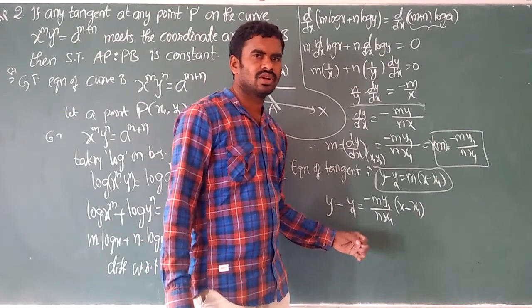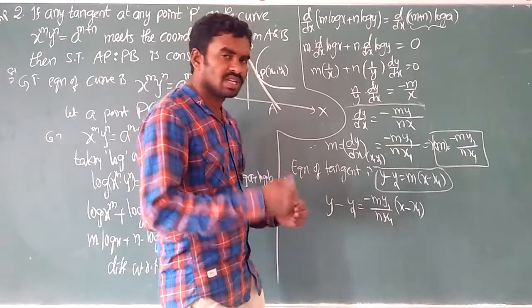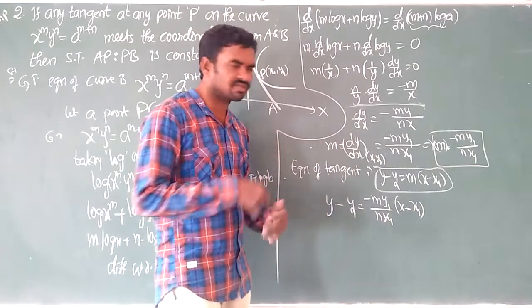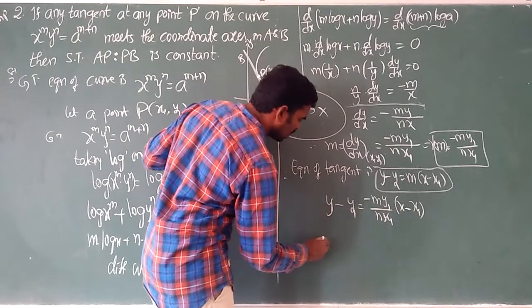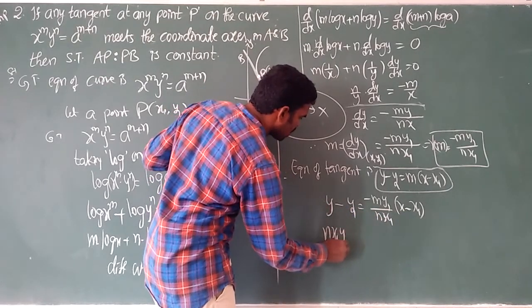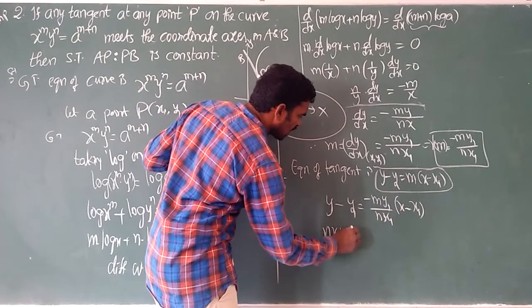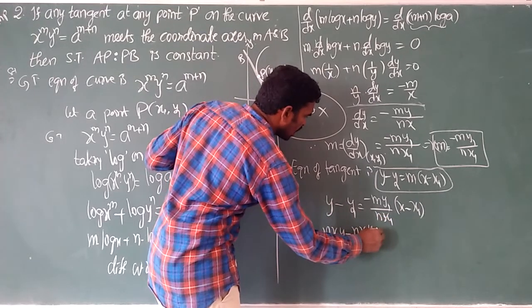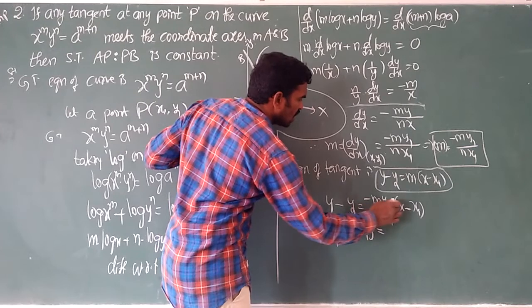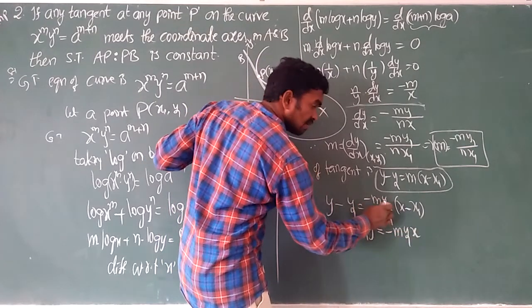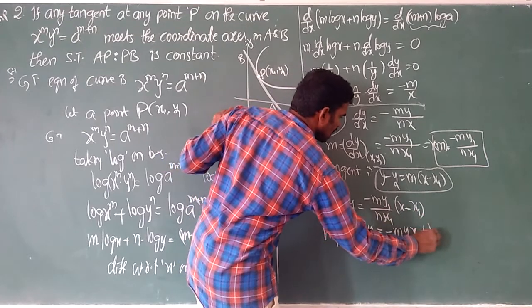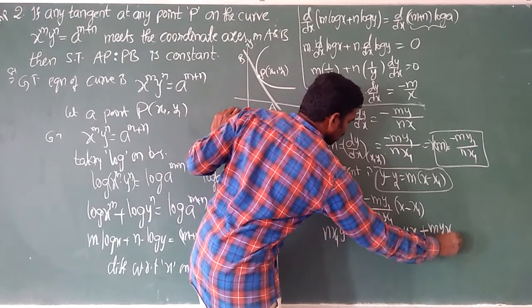intercept form and proceed. If you have understood, please pause the video and do it, then verify it. Multiply by n x1: n x1 into y, n x1 y, is equal to minus m y1 into x, minus m y1 into minus x1 becomes plus m y1 x1.